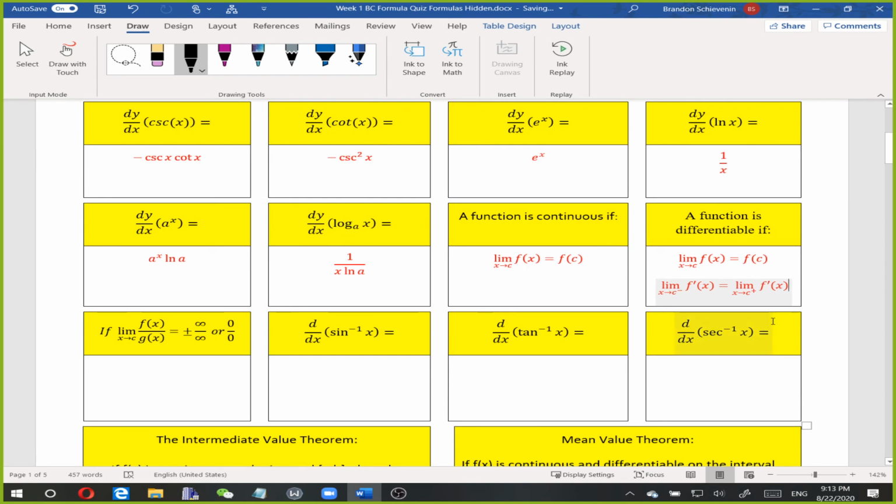Okay. Kelly, for L'Hospital's rule, if I take a limit of a fraction and I end up getting infinity over infinity or 0 over 0, then what can I do?